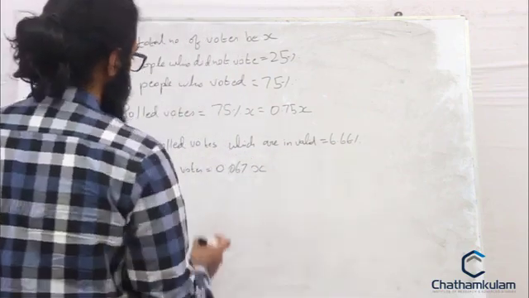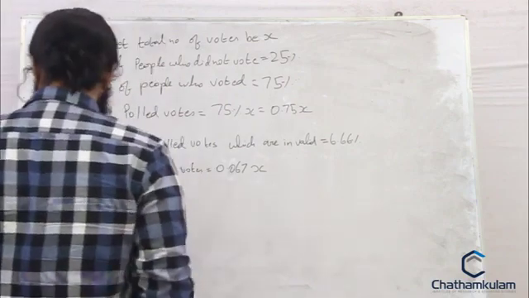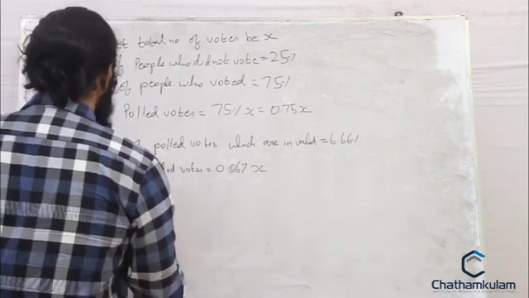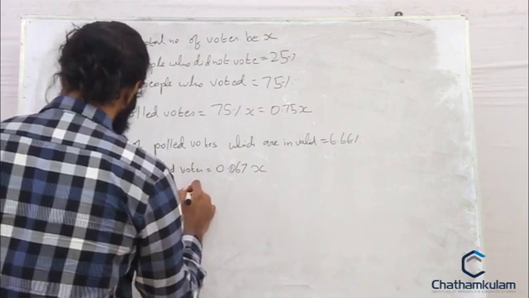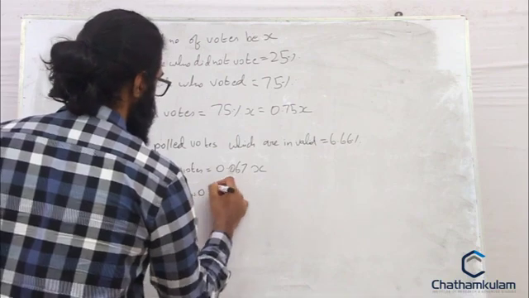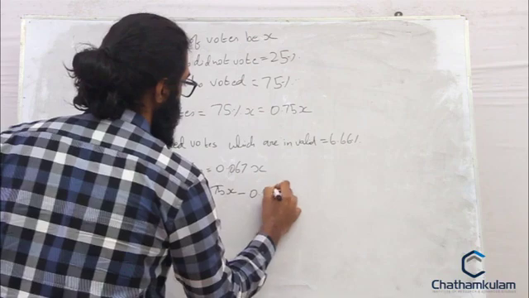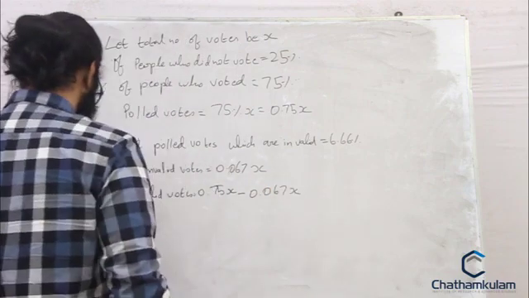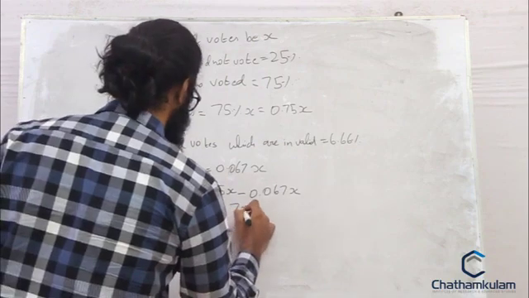So this is the percentage which were invalid votes. Therefore, valid votes is equal to 0.75x minus 0.067x, which is equal to 0.7x.